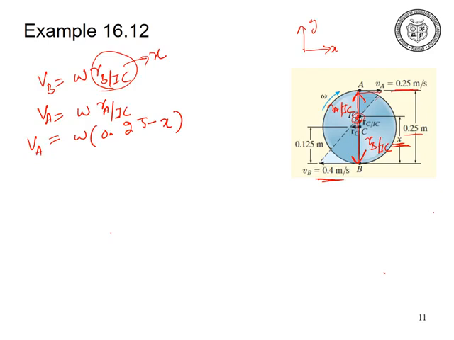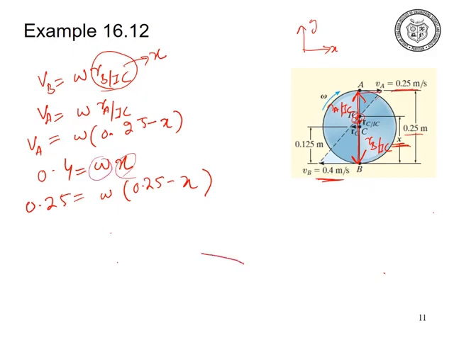The two equations that we got are 0.4 equals omega x, and the second equation is 0.25 equals omega times (0.25 minus x). So we have two equations and two unknowns. One unknown is omega and the second one is x. From these two equations we can find omega and x.